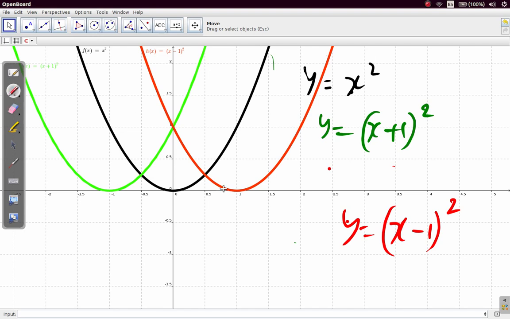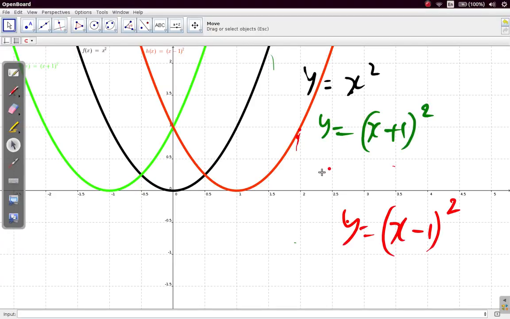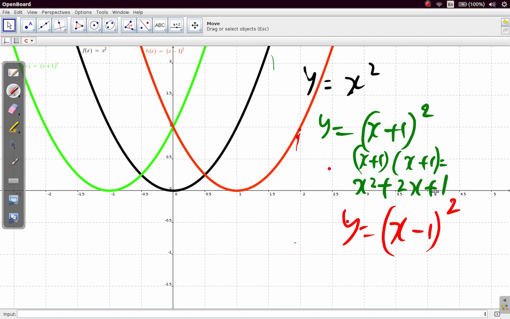Now, suppose we look at the x plus 1 squared and we expand it. Let me put back my ink in green. We have x plus 1 squared. This is x plus 1 times x plus 1. So what we have is x squared plus 2x plus 1.